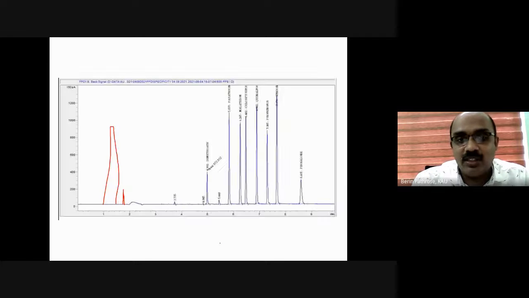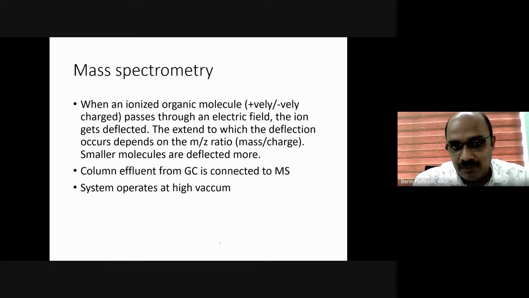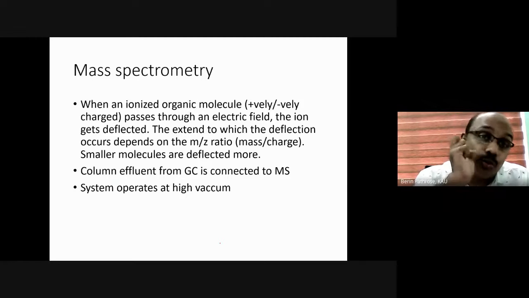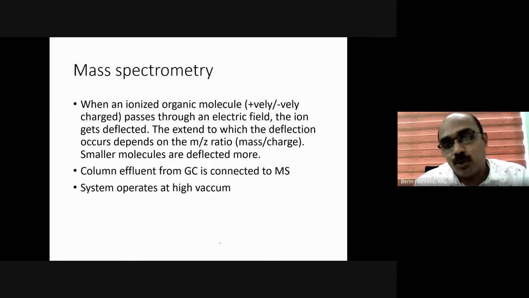Up to GC, what we get is not that confirmed. But mass spectrometry is a confirmatory step. Spectrometry is a technique used to measure the molecular weight or atomic weight of compounds and atoms.